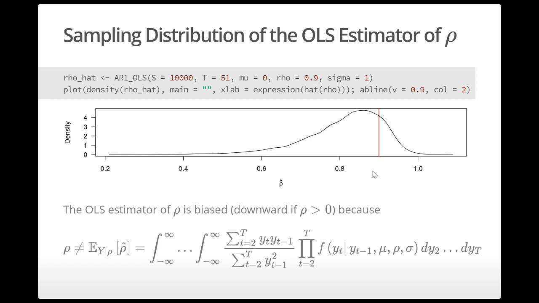And so then the main frequentist thing is to say, okay, what are the properties of the probability distribution represented by the black line here, this collection of estimates of the same rho, which was 0.9, but every time we do it with random data, we get a slightly different estimate.